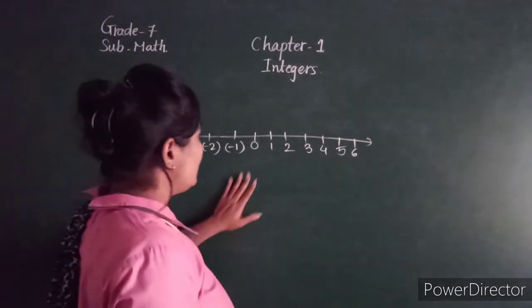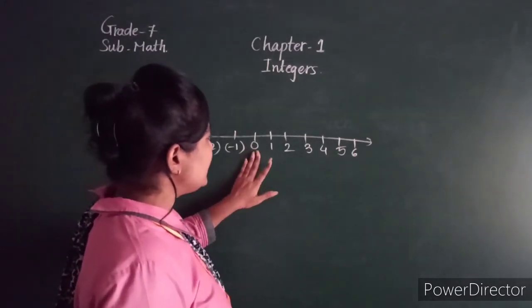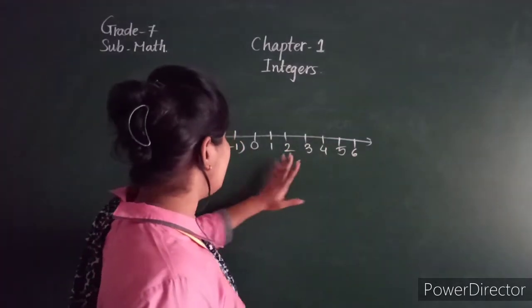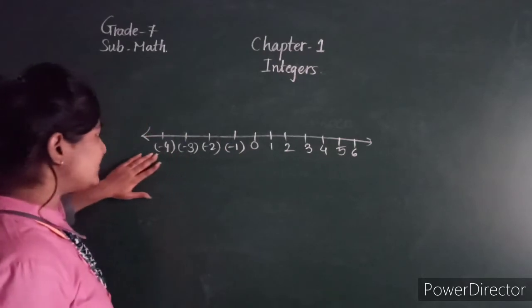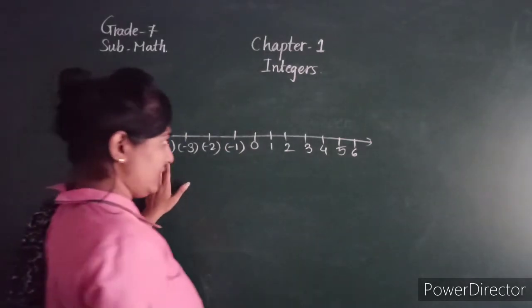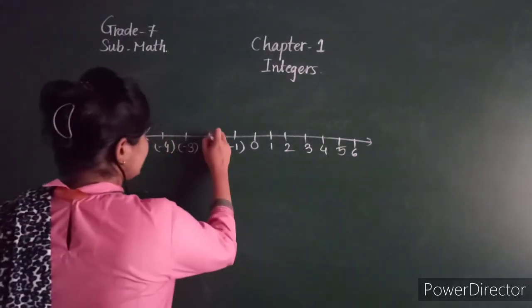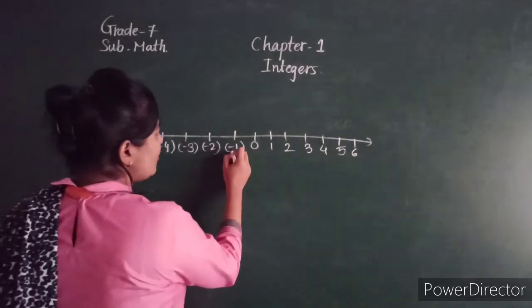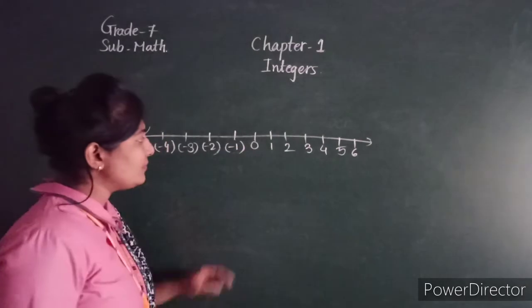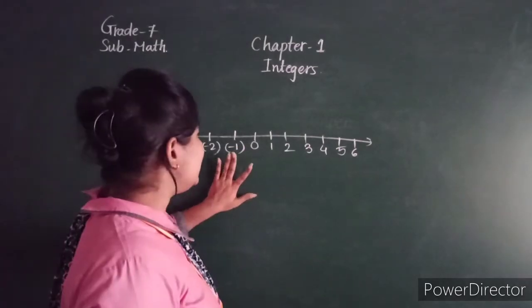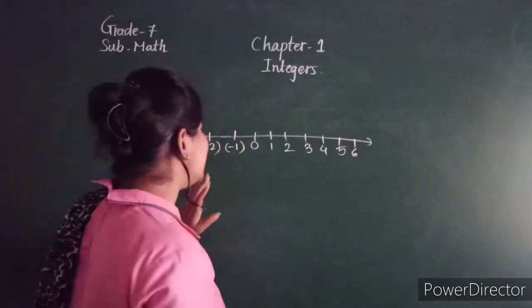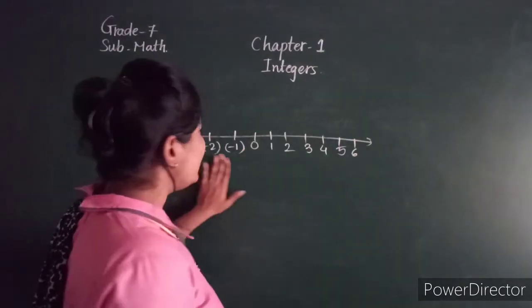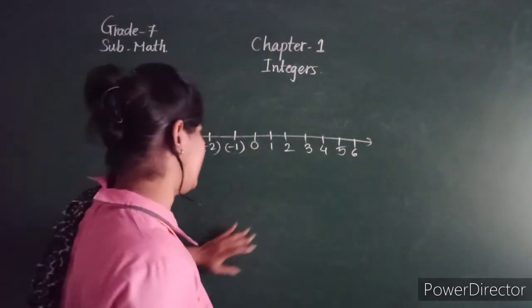From 0 to the right side it is positive numbers, and from 0 to the left side it is negative numbers. Here you can see -1. So -1 is the greatest negative integer among all the negative integers.